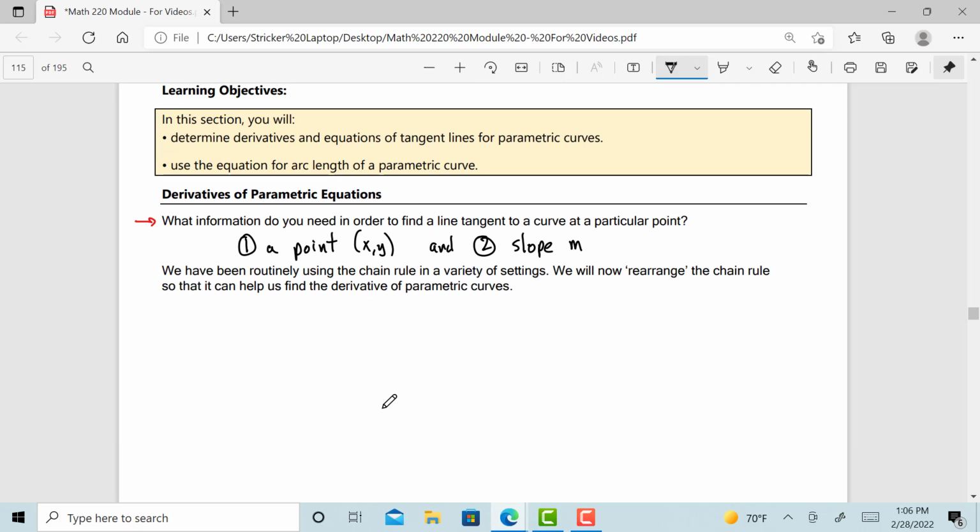We need to find the slope. So let's start like this.